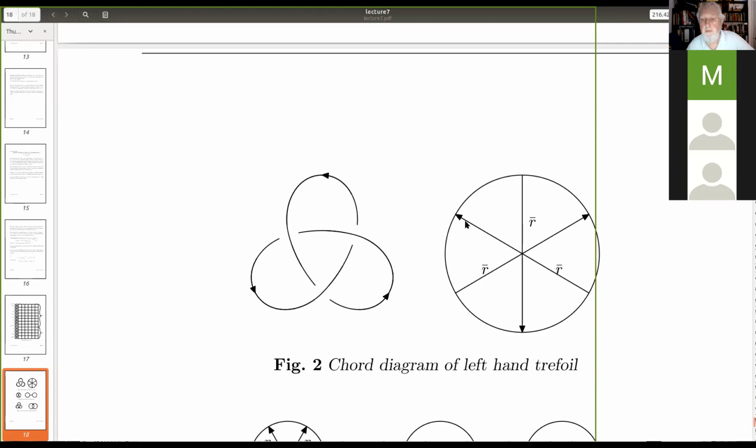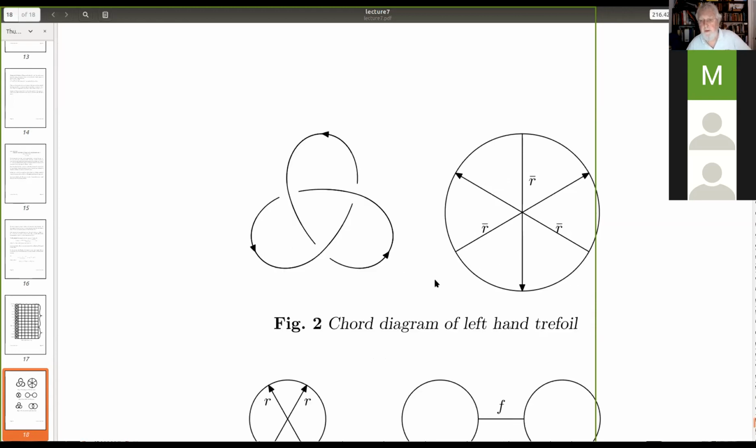The arrow points from the top to the bottom, from the overcrossing point down to the undercrossing point. That's just a convention. It's got an R bar on it here to say that this crossing is a negative crossing. All these three crossings are negative, and you can see that that is indeed the case.